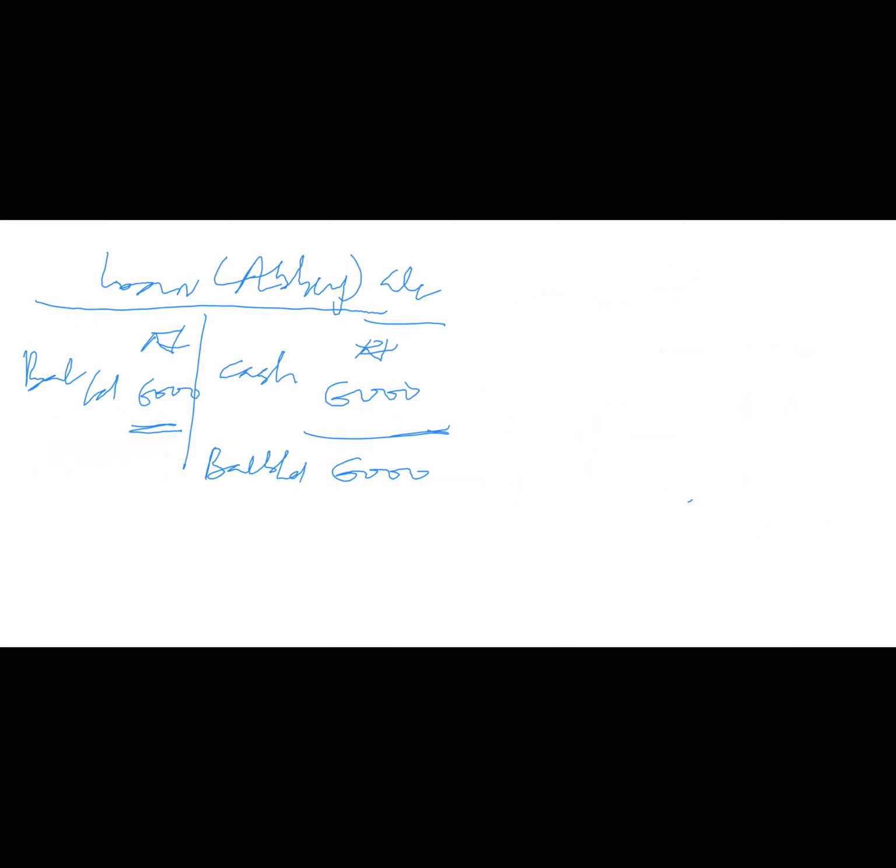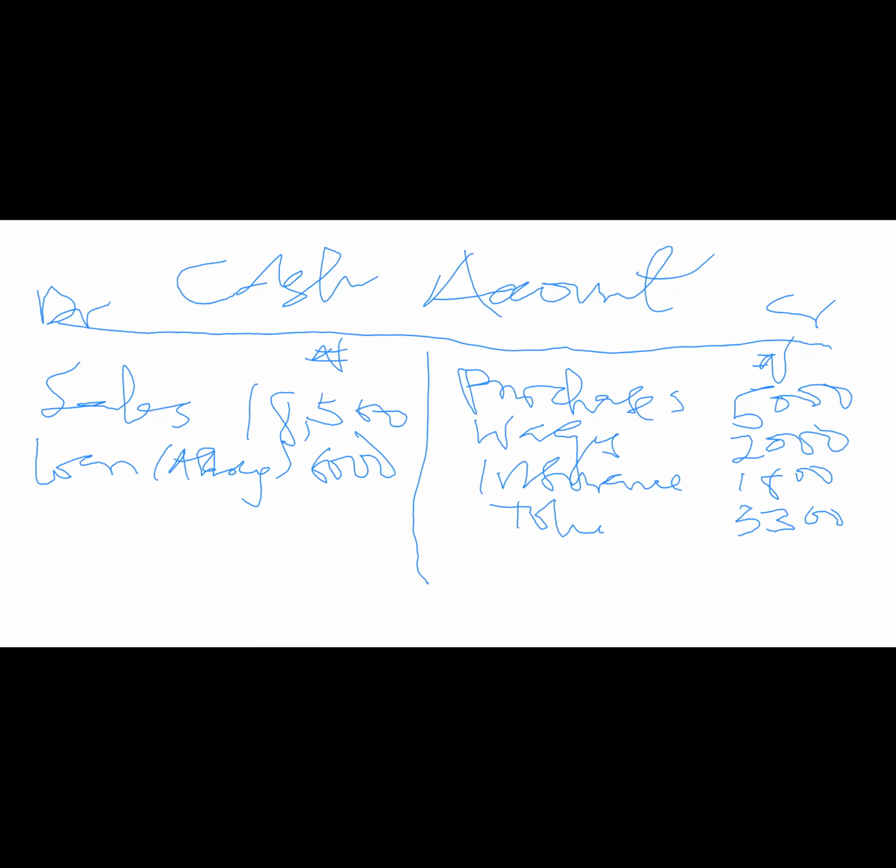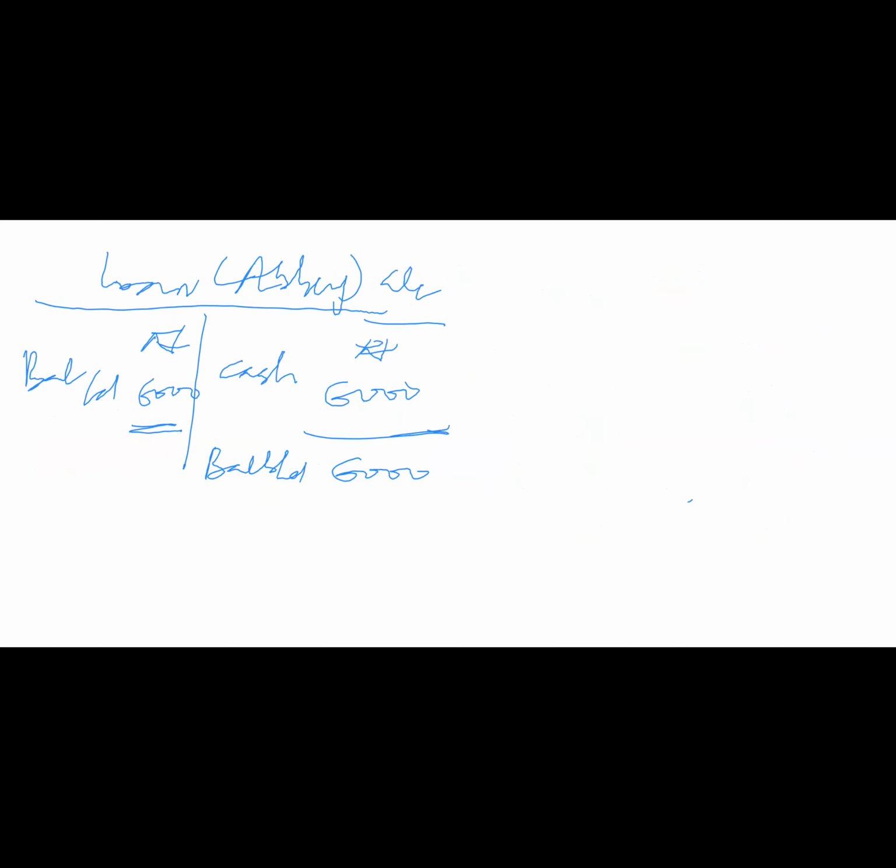The next one is wages. For wages accounts, under the cash account we credited wages, but in the ledger we are going to debit wages.